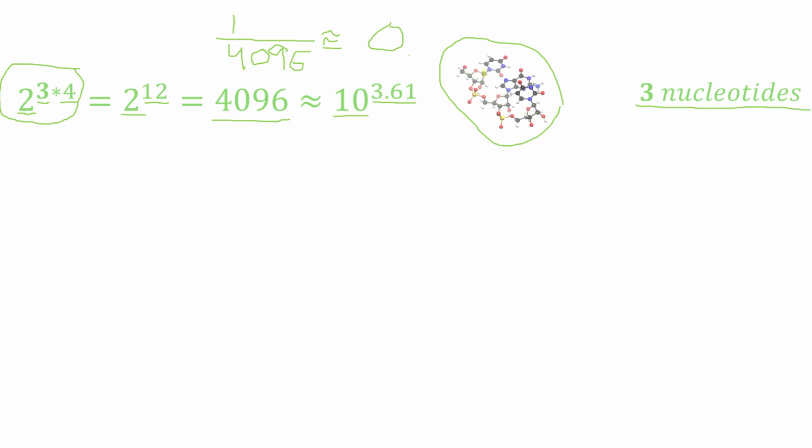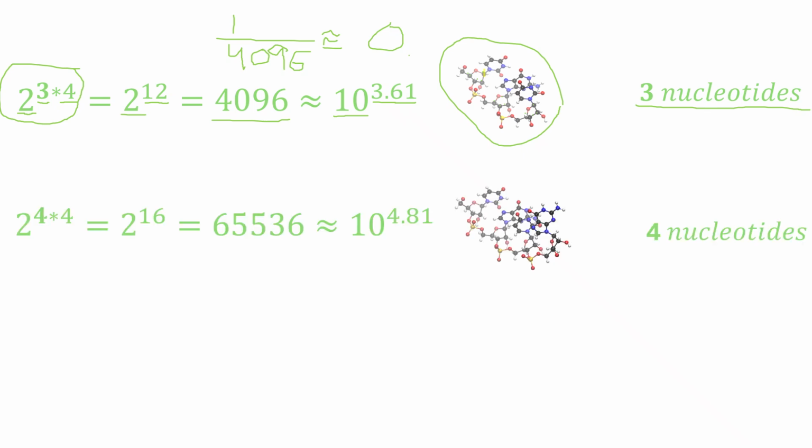So if we consider 4 nucleotides, we have the same calculation, but in this expression it will be 2 for the 2 combinations of each chiral carbon, times 4 nucleotides, times 4 chiral carbons of each ribose molecule of the nucleotide.